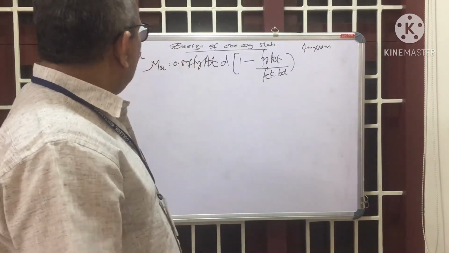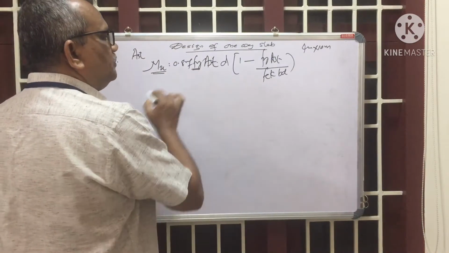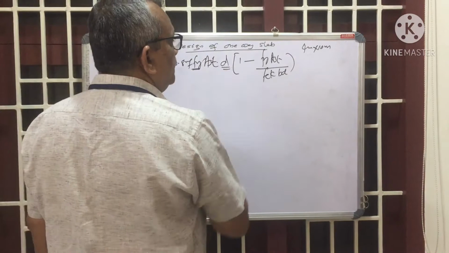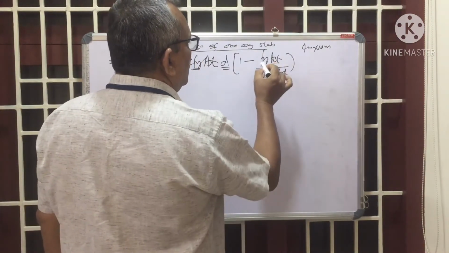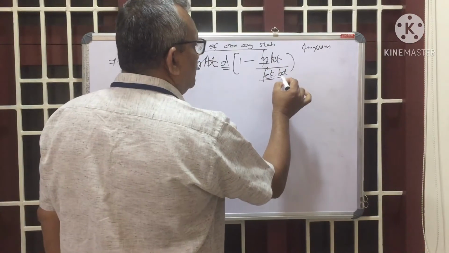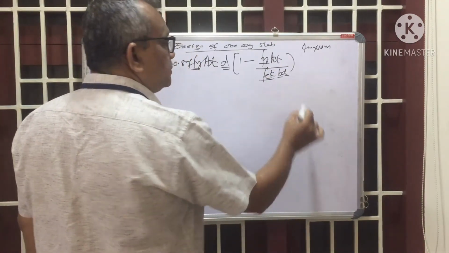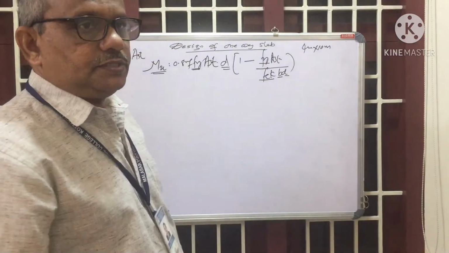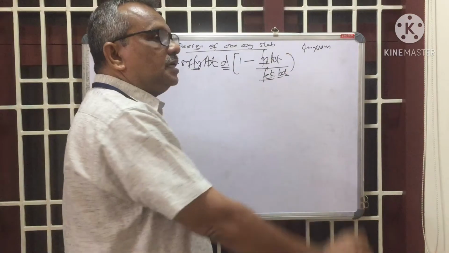Here we already calculated the value of Mu, we know the effective depth D, and we know FCK 20 Newton per mm square, Fy 415, B 1000 mm, and the effective depth. Substituting all these values, find the value of the area of steel required.